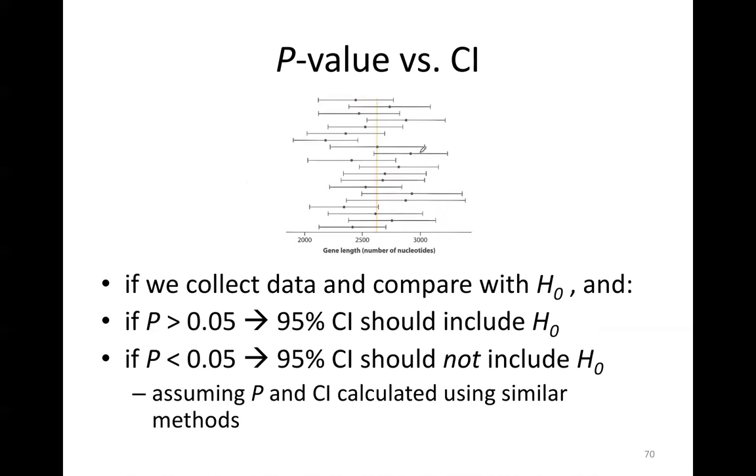One before last: if we collect data, compare with the null hypothesis and calculate a p-value, in general, if the p-value is larger than 0.05, then the confidence interval we can construct based on the sample should also include the null hypothesis.